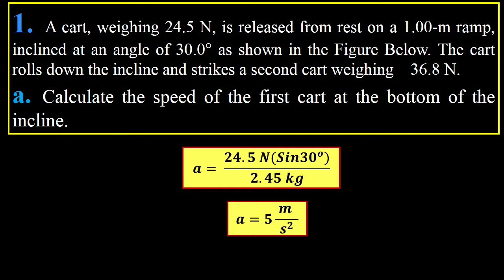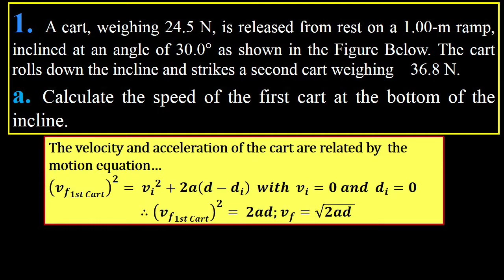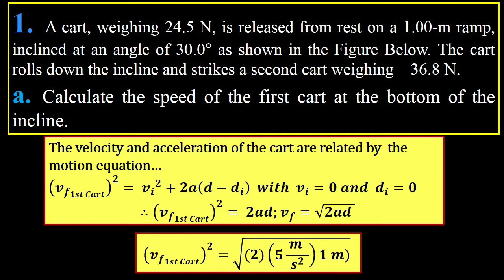So now, what do we have? What equation are we going to use to calculate the final velocity? Which one of those 3 equations are we going to use? That's the one where VF squared equals VI squared plus 2 a delta D, or the change in distance.